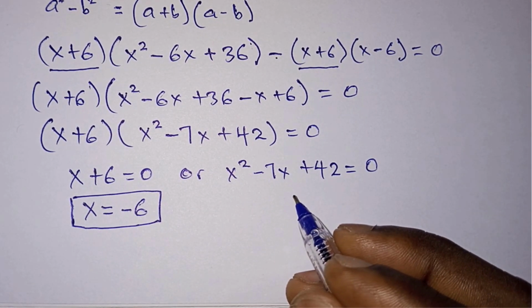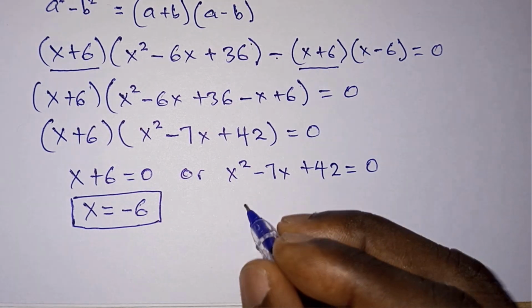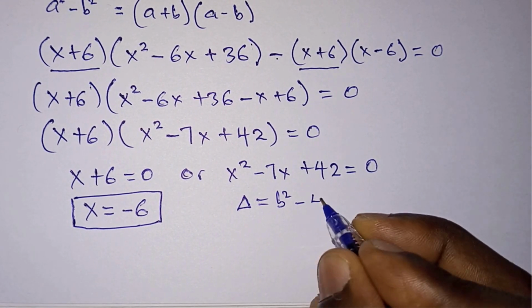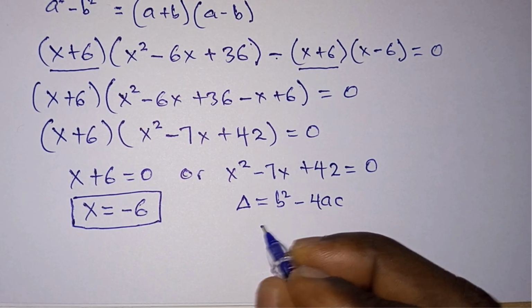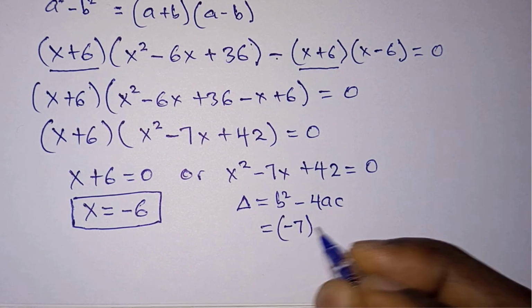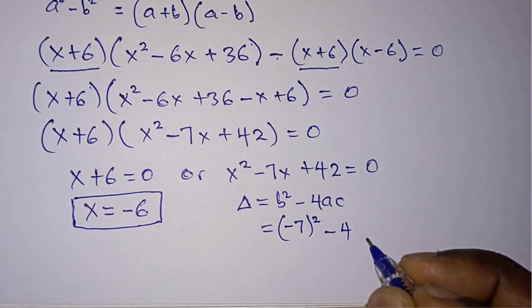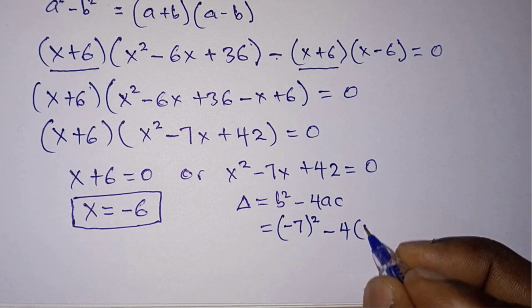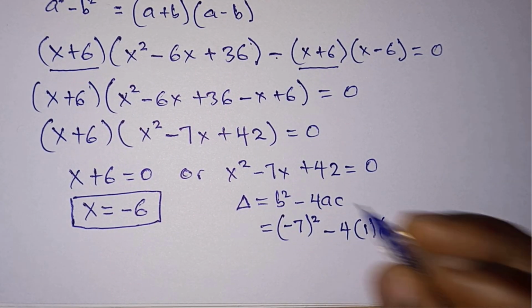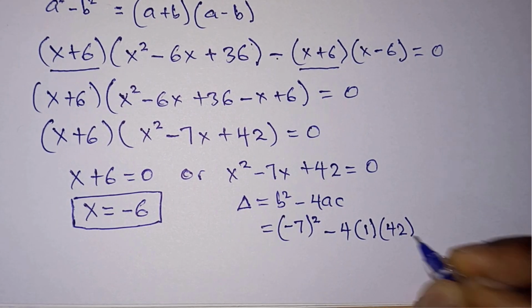Then from this quadratic equation, we will use the discriminant formula, which is delta is equal to b squared minus 4ac. So we have b, which is the coefficient of x, which is negative 7 to the second power, minus 4 times a, that is the coefficient of x squared, which is 1. Then c, which is the constant over here, 42, right?